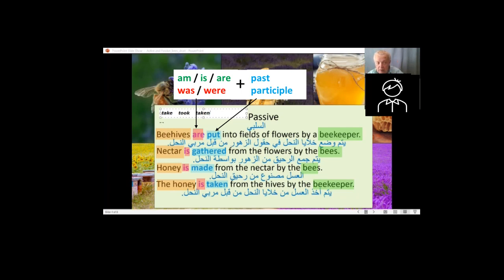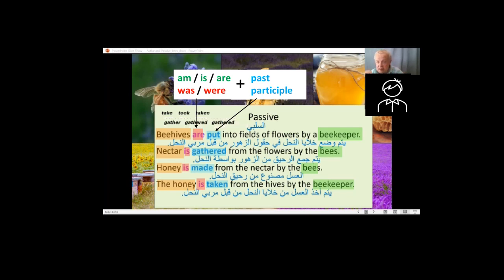Now, the verb gather is a regular verb. And regular verbs add ed at the end to make the past. Gather, gathered. And then also, for the regular verb, the past participle is the same.